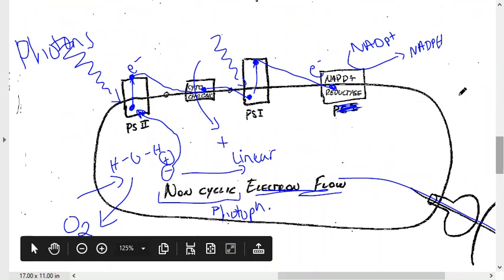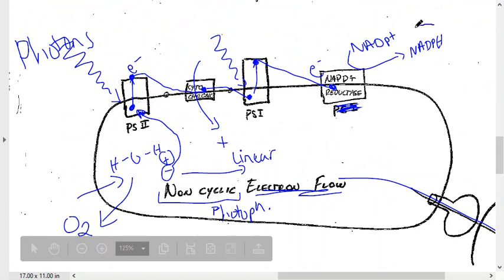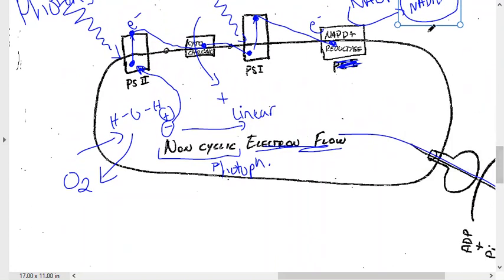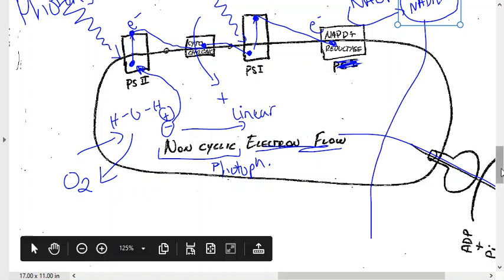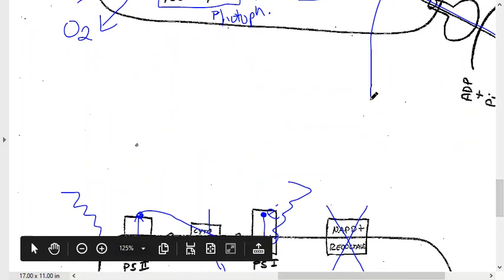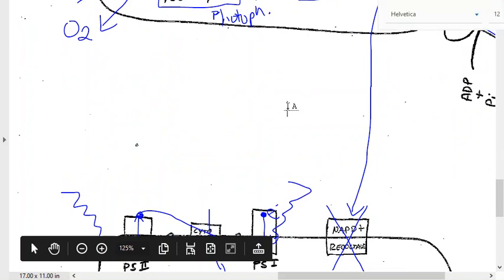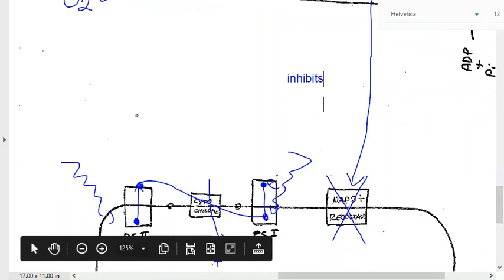And NADPH inhibits, so you want to draw a line all the way down, NADPH inhibits NADP reductase. So this is a negative feedback. This is the typical negative feedback. As you produce product, as you make NADPH, it inhibits its own production.